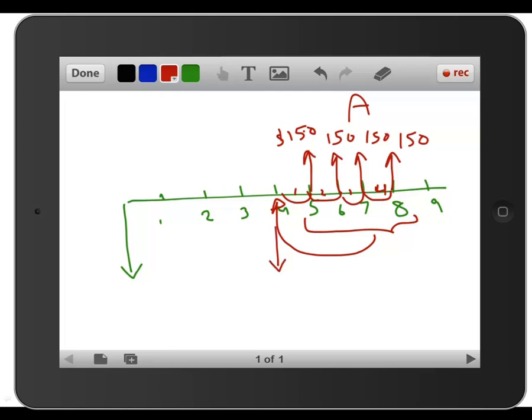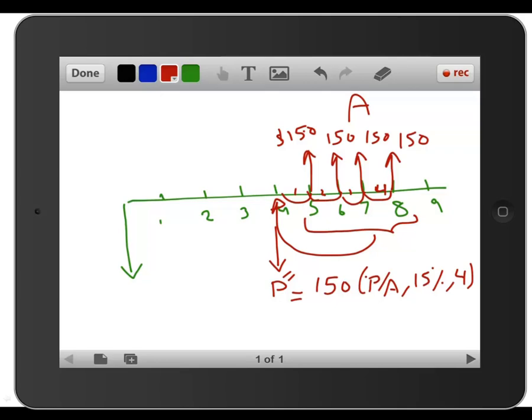P at this point, which is P double prime, will equal 150 times P given A with 15% and number of periods 4.